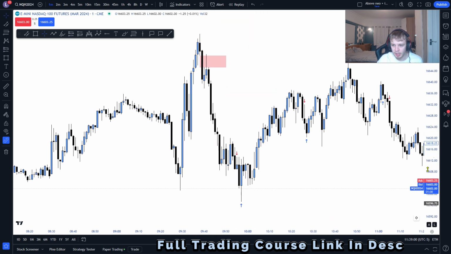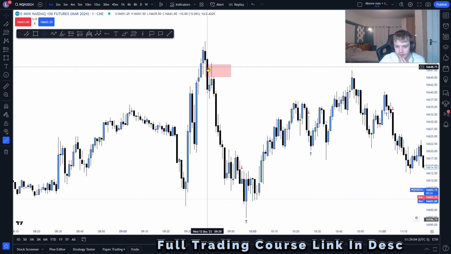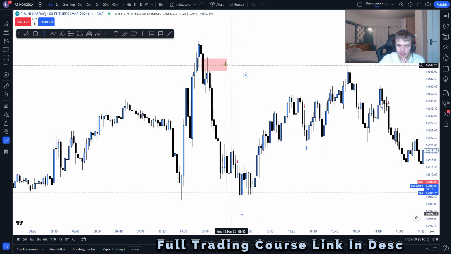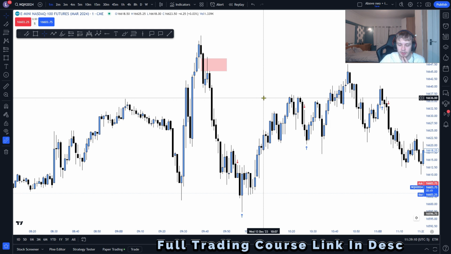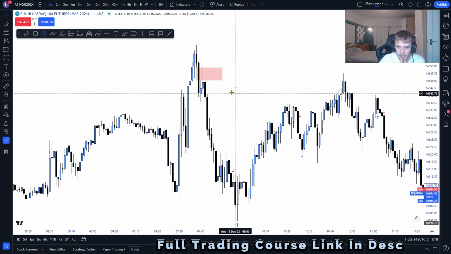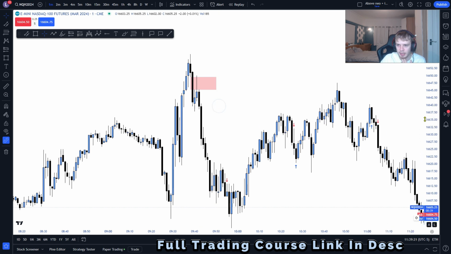That would have been a silver bullet short. But as you can see, because this is 9:39 and not 9:50, this isn't classed as a silver bullet short, so we can't take this trade. Therefore, I just used this as reading price action.